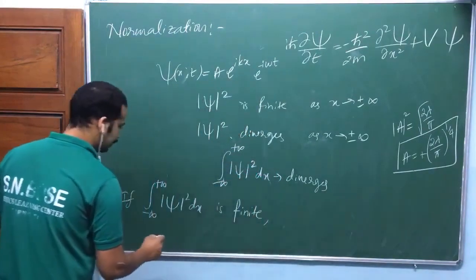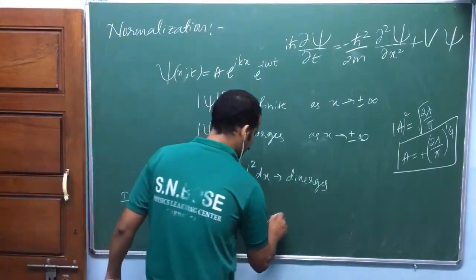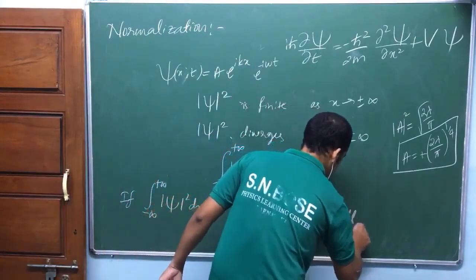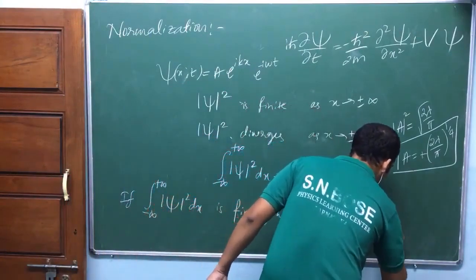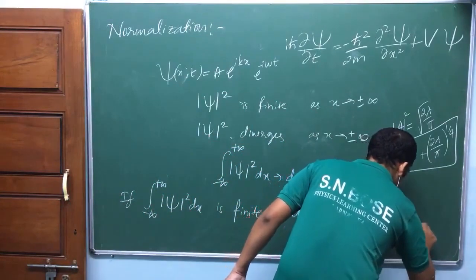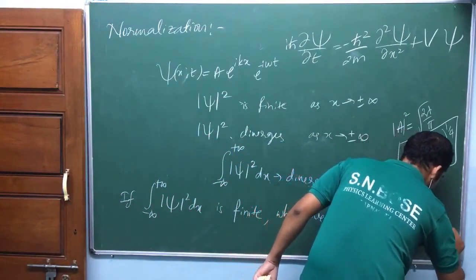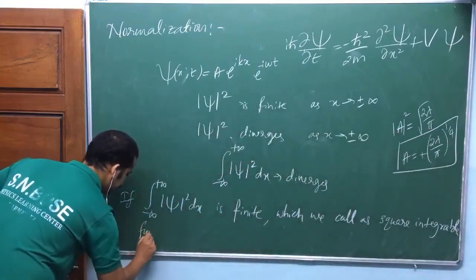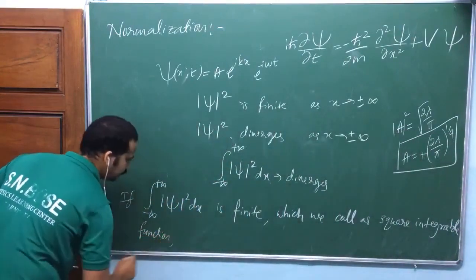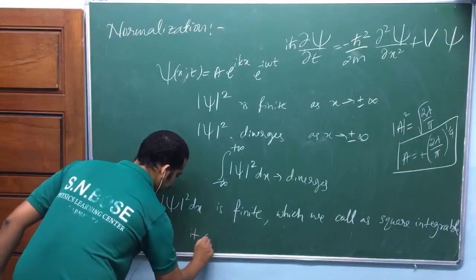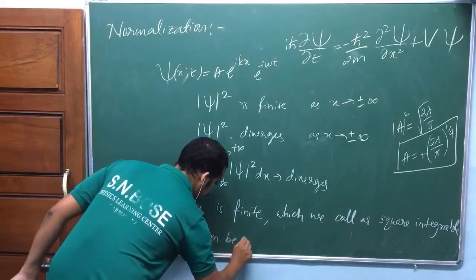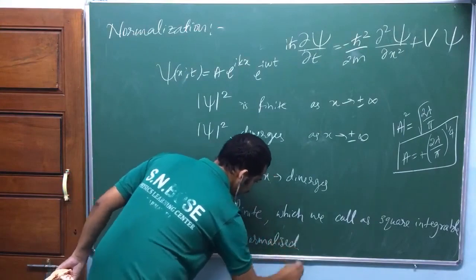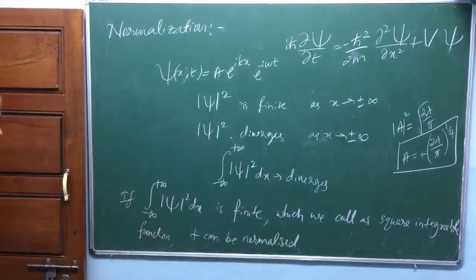If this is finite, which we call a square integrable function, it can be normalized, or normalizable.